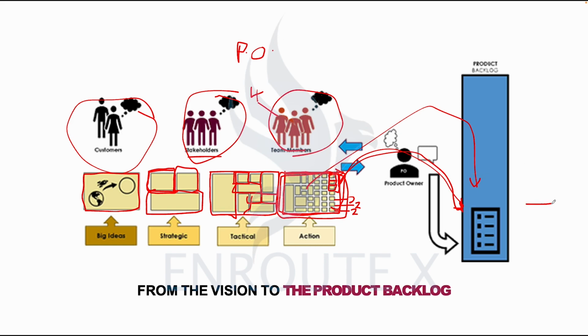And based on the team's availability and capacity, 1, 2, 3, 4, 5, 6, right? This will now go into your sprint backlog. So that's how it works.